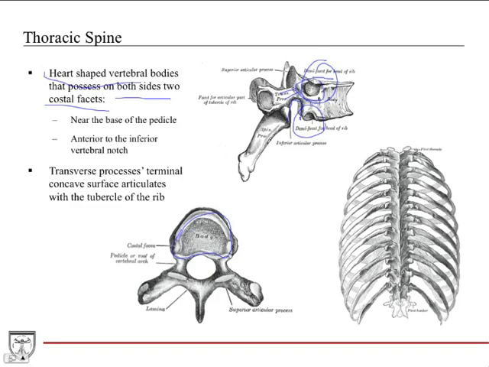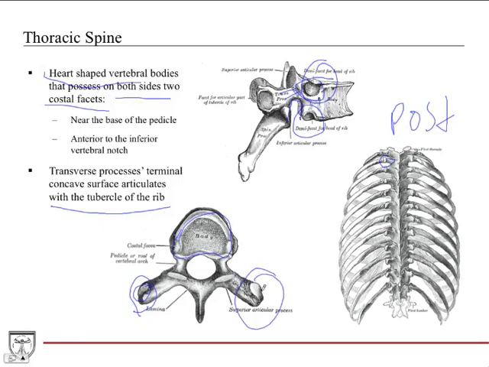Then you have the transverse processes, which have a terminal concave surface, which is unique to these thoracic vertebrae, and they articulate with the tubercles of the rib. You can see these articulation points here. And lastly, this is a posterior view, and you can see these ribs coming out, and this is where they're articulating.